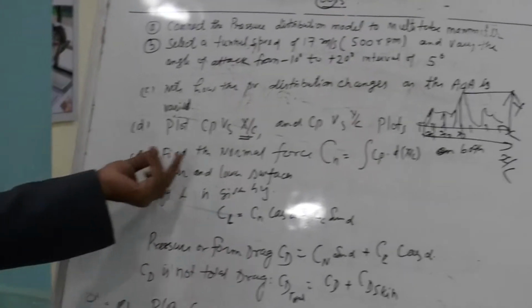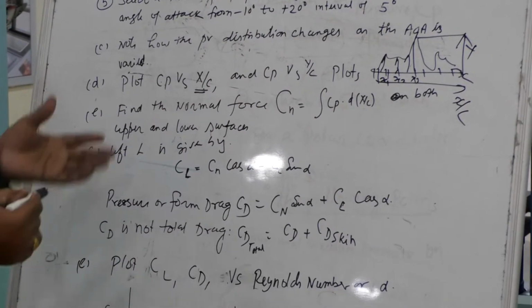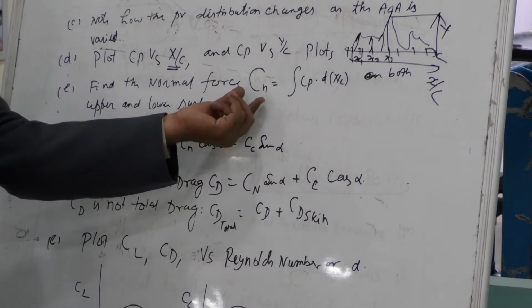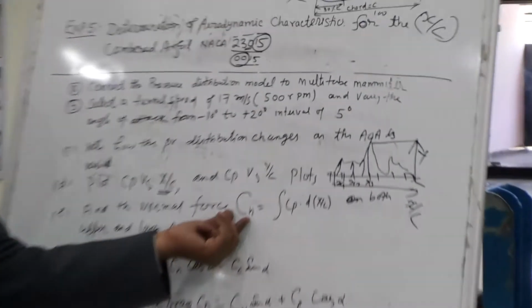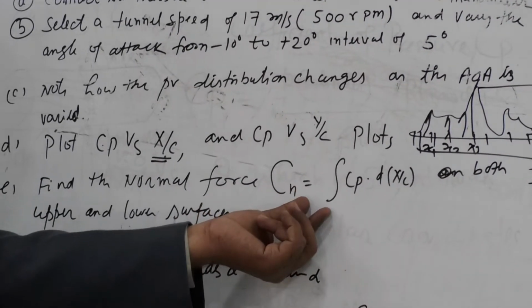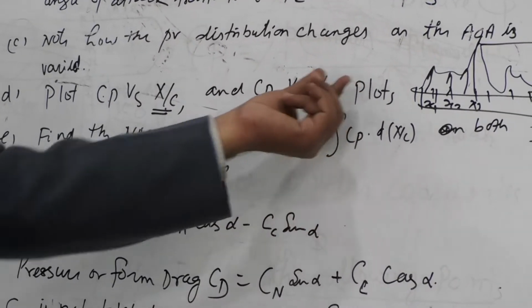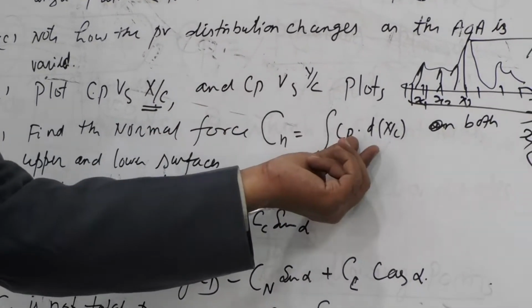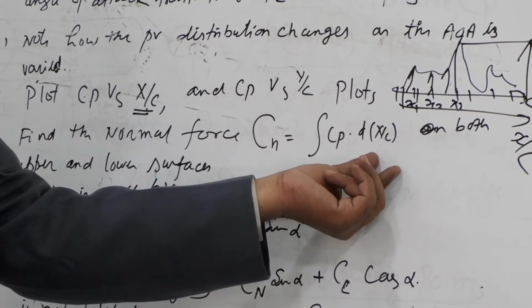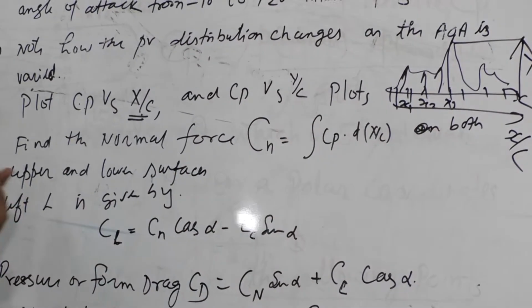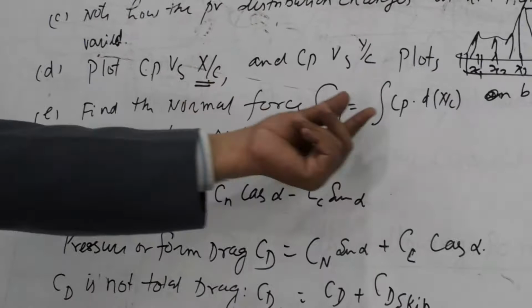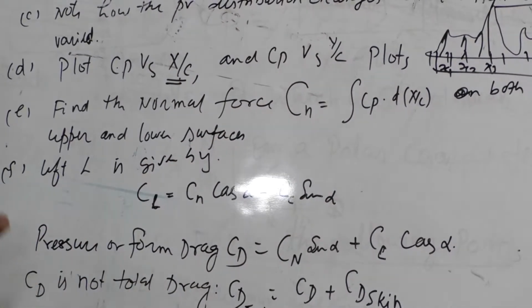So here we will get, and after this we have to find out the normal force. The normal force coefficient Cn is equal to the integration of the coefficient of pressure which we have got, dot d(x by c), and this is for the upper and the lower surface, it is the difference of both the surfaces.